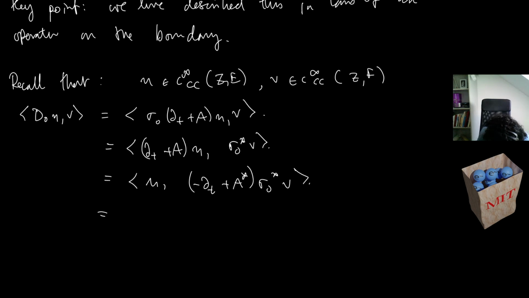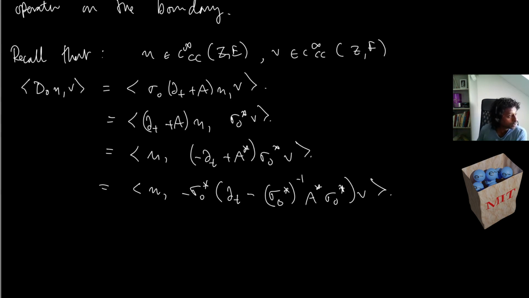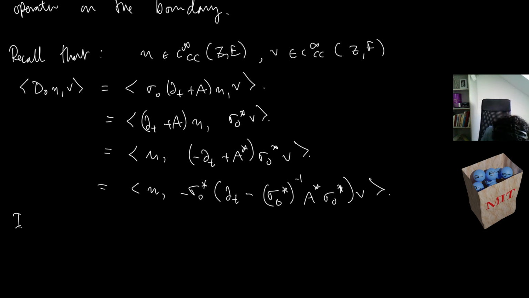Okay, but now I'm going to factor out this part here. I'm going to have sigma naught star, and I'm going to introduce a minus sign because I want this to be dt plus. So now I get a negative sign here, so I get sigma naught star inverse A star acting on v.